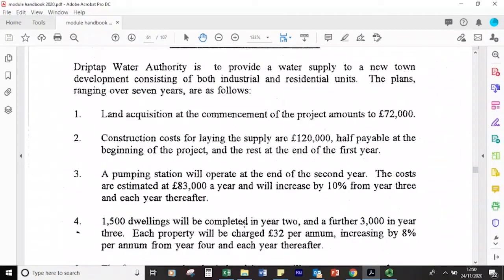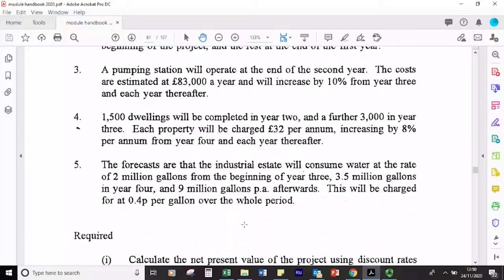1,500 dwellings, houses will be completed in year 2 and further 3,000 in year 3. Each property will be charged £32 per annum, increasing by 8% per annum from year 4 and each year thereafter. And the last item is the forecasts are that the industrial estate will consume water at the rate of 2 million gallons from the beginning of year 3 and 3.5 million gallons in year 4 and 9 million gallons per annum afterwards.